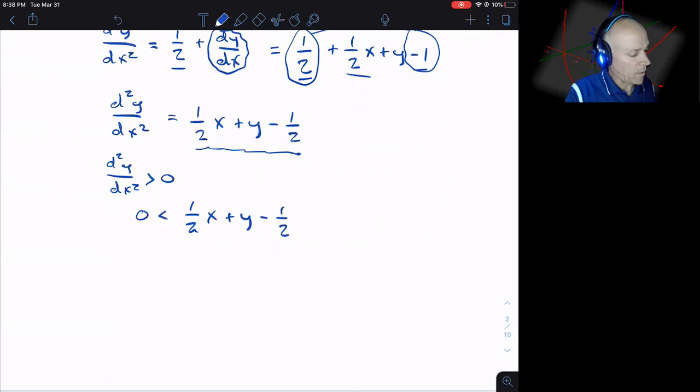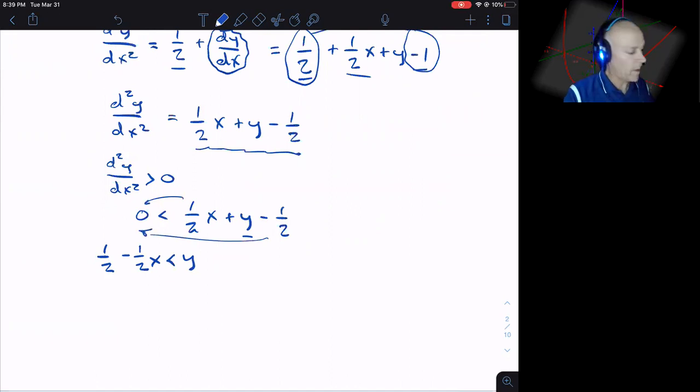What I can do now, this is just a linear inequality. I'm going to solve this for y, and so I get y greater than negative 1/2 x plus 1/2. I move this to the other side of the inequality, and I move that also to the other side.